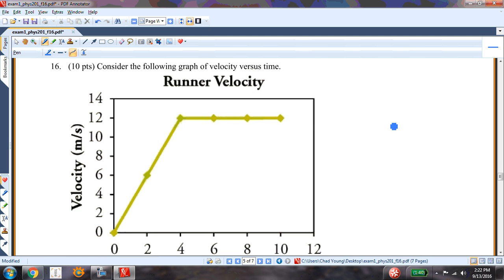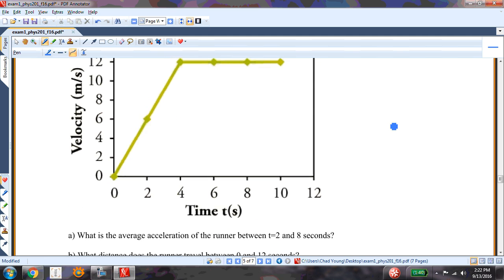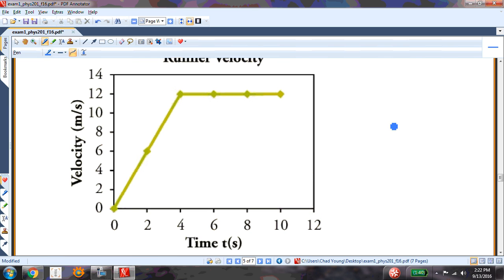Consider the following graph of velocity versus time. What is the average acceleration between t equal 2, right here, and t equal 8 seconds? So for A, this is similar to what we had before. I'm going to do average acceleration is delta v over delta t.